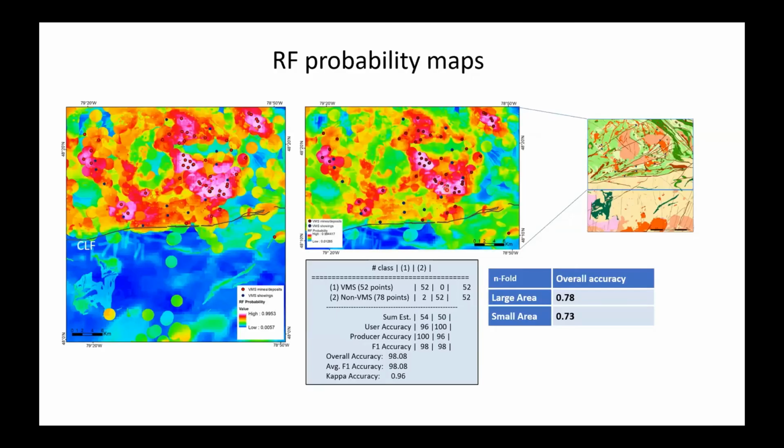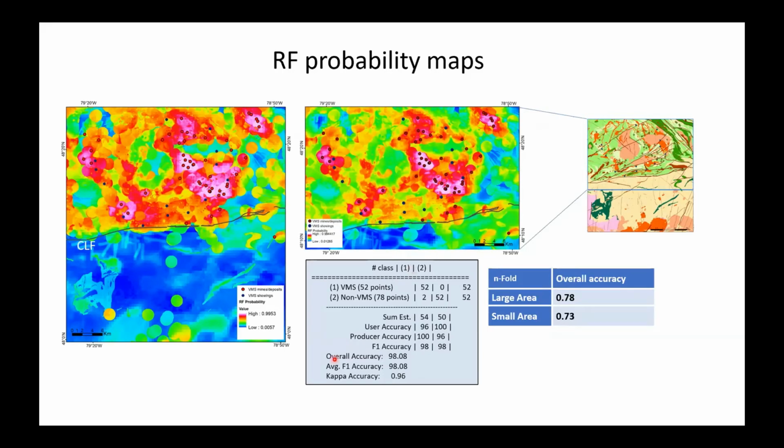Here we can see the probability map for the smaller area, which is limited with the presence of VMS mines and deposits. The map is similar, but there are still some differences in the new map.